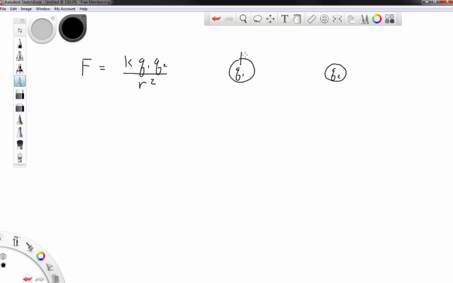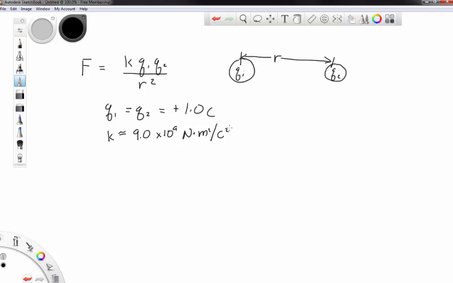The distance between them would be r, and we were given that q1 and q2 are both 1 coulomb. So that's what's going to go in for q1 and q2. k again was approximately 9 times 10 to the 9th newton times meters squared divided by coulomb squared, where a coulomb is this unit of charge that we're using.